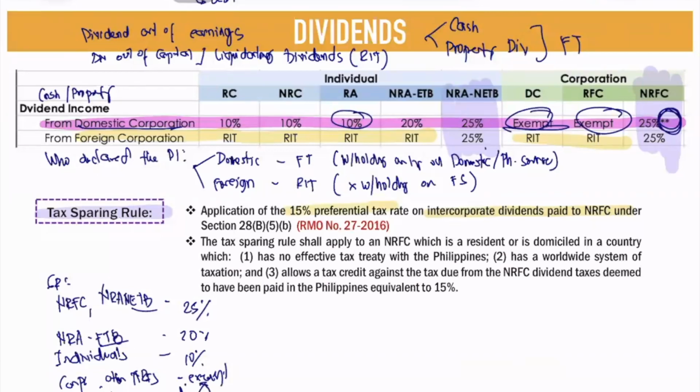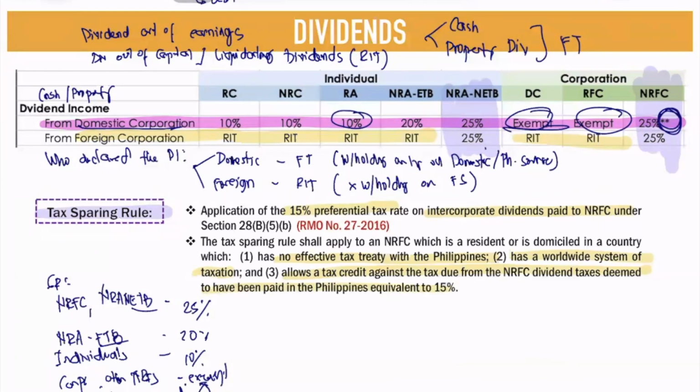But it will only apply if there is no effective tax treaty with the Philippines and the foreign country has a worldwide system of taxation and allows a tax credit against the tax due from NRFC dividend taxes deemed to have been paid in the Philippines equivalent to 15%.